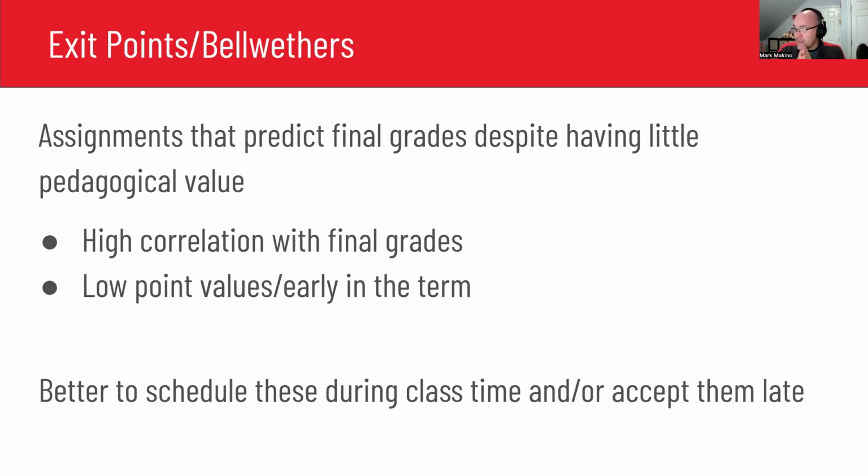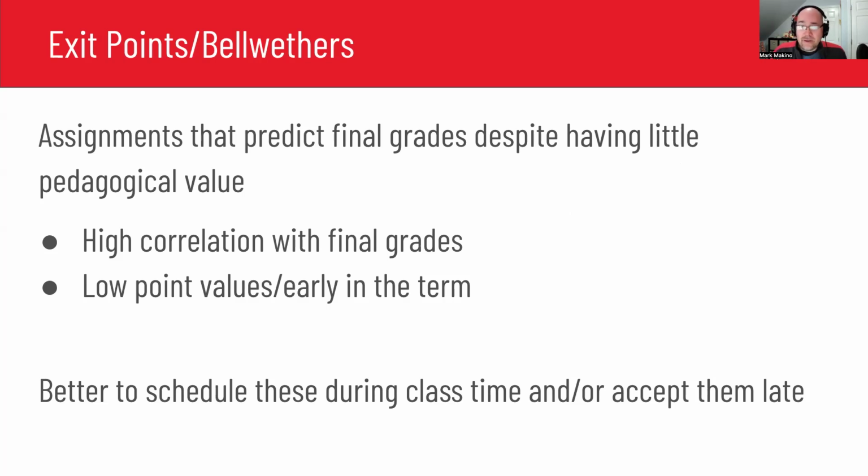And also they might predict final grades because a student who misses them might see a huge effect in their grade just because it's very early in the semester and decide not to persist with the course for that reason. And that's why I call them exit points, because a student who misses that assignment might just give up on the course, right? Might drop out figuratively in this case.